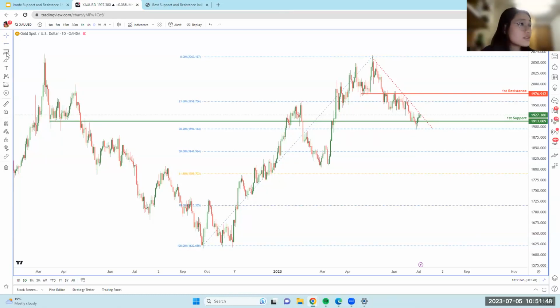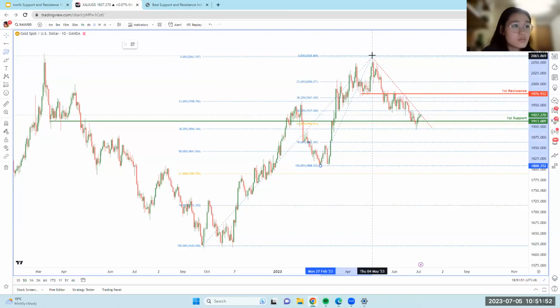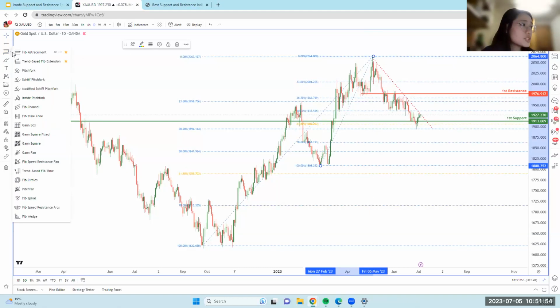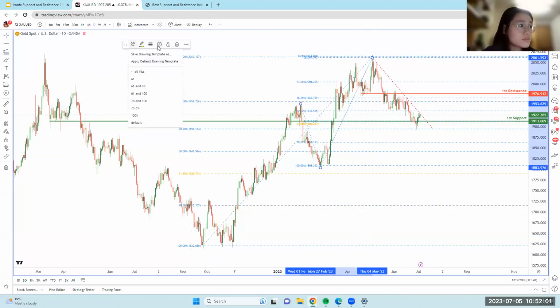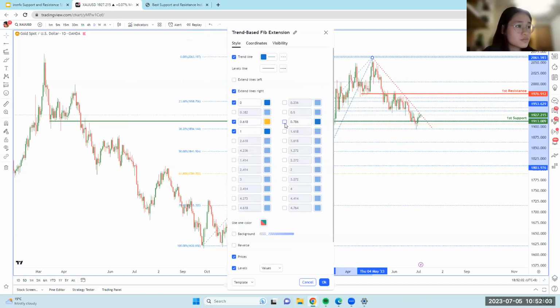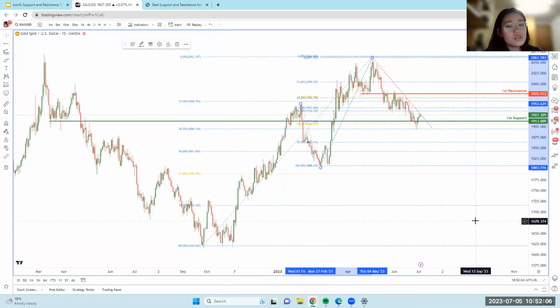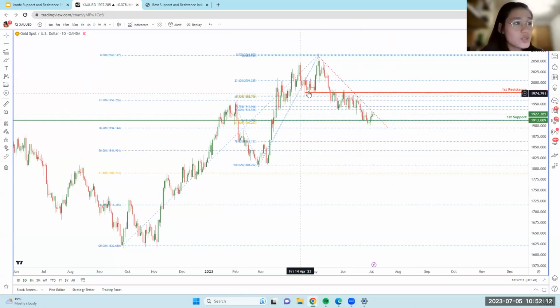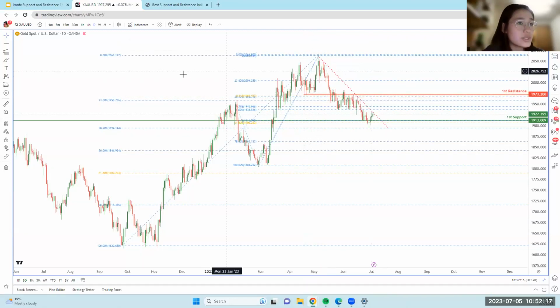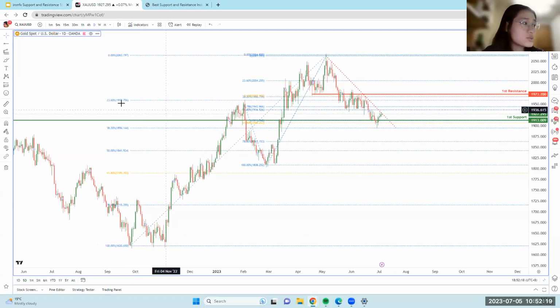Okay, and then I have another retracement here. And then projection from here to here. Okay, it's looking a bit messy now, but we're looking for levels that line up so that we can use them as our support and resistance levels.